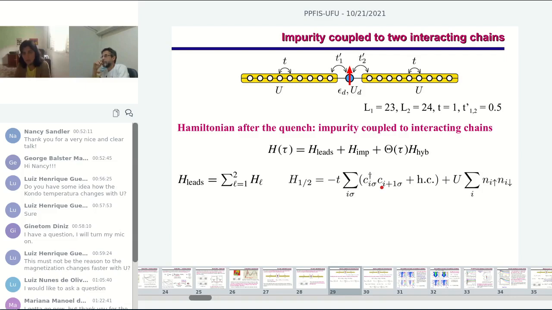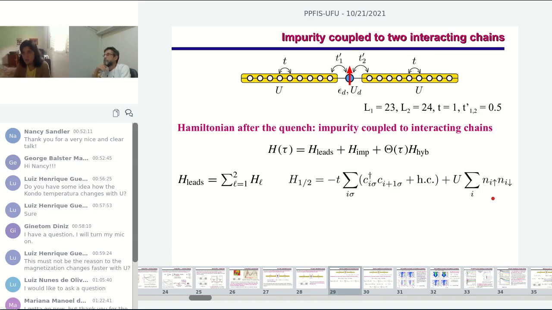With this C we destroy an electron at site i plus 1, and with this C dagger we create an electron at site i. So this means that the electron can hop from one site to the other, in such a way that this whole term here represents the kinetic energy. The electrons can move through the wire.